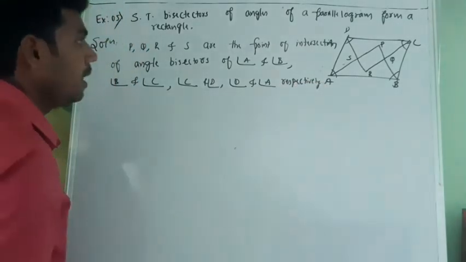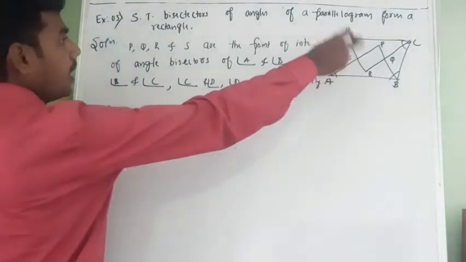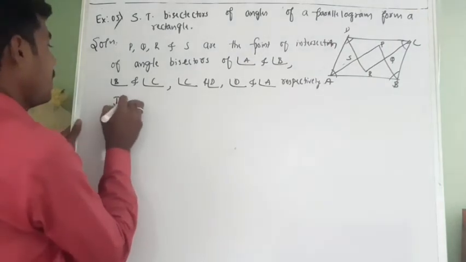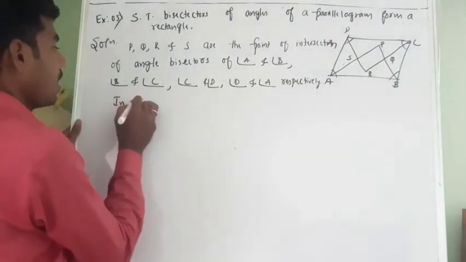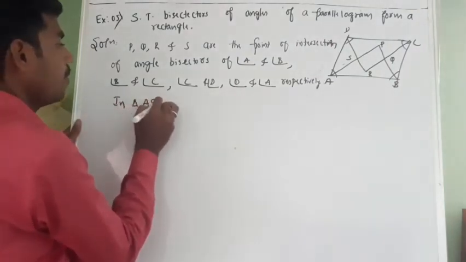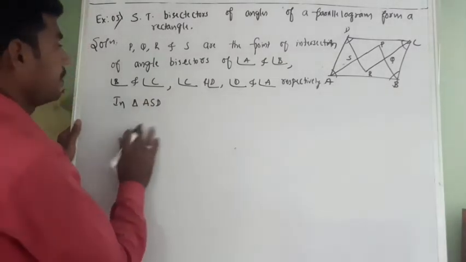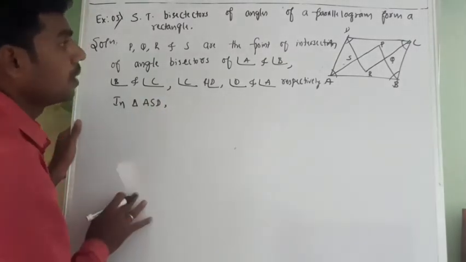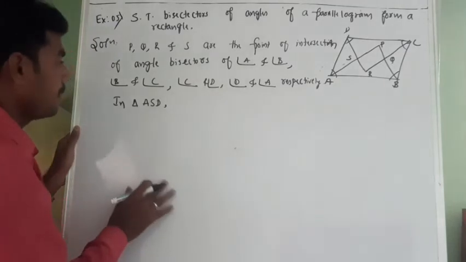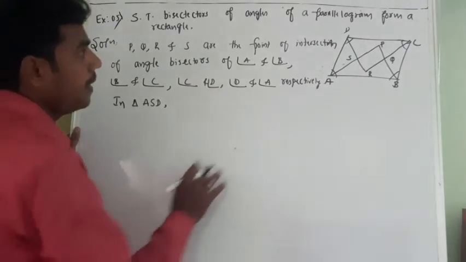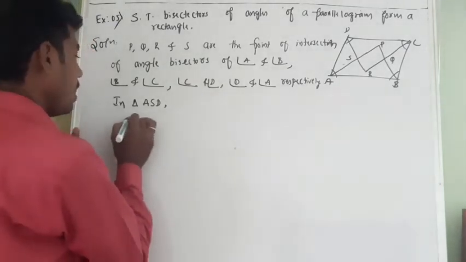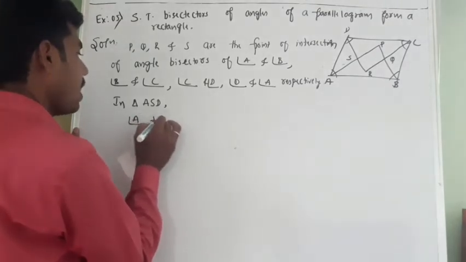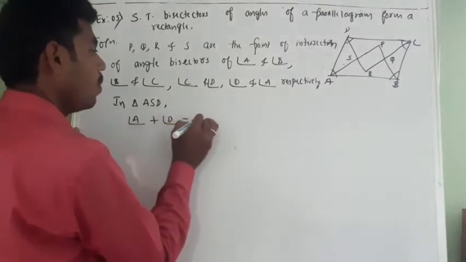Now in triangle ASD, what can I observe here? Angle A plus angle D is equal to 180 degrees.